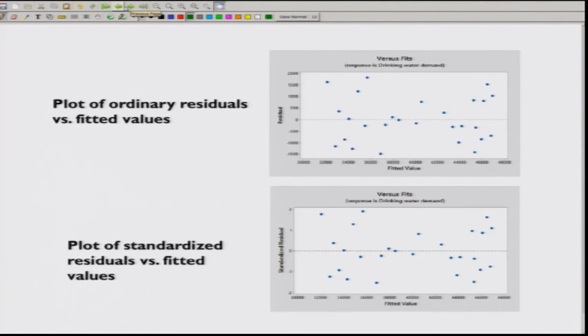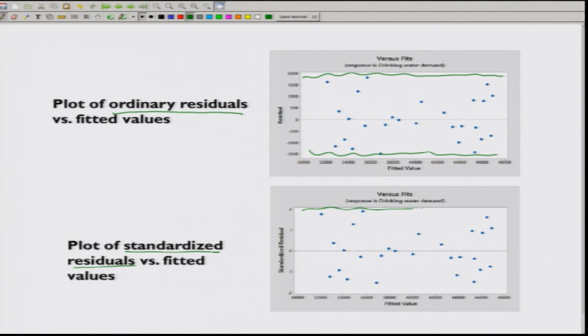Now these are the plots of residuals versus the fitted value. So here in the first case I have taken the ordinary residual, and in the second case I have taken the standardized residuals, and you can see that there is not much difference between the two, right. And from these two pictures we can conclude that all the points can possibly be contained in a sort of horizontal band, and there is no pattern like an outward opening funnel or inward opening funnel, or any indication of a non-linear relationship.